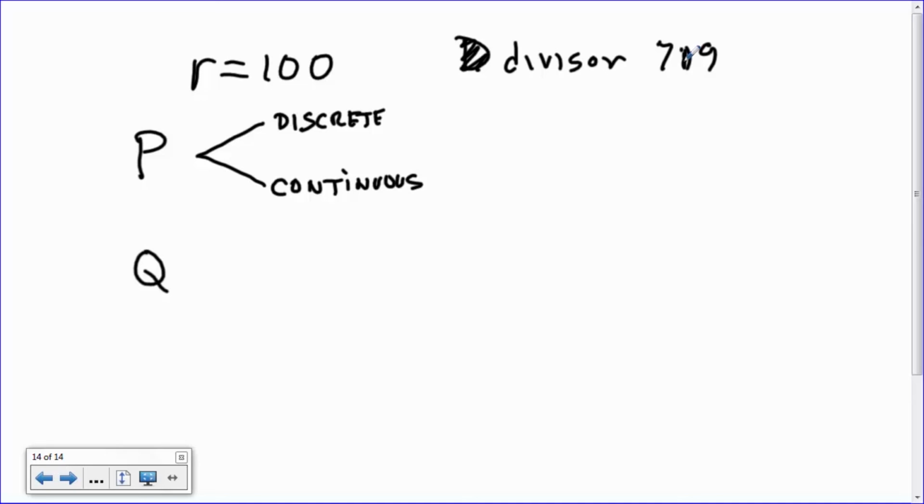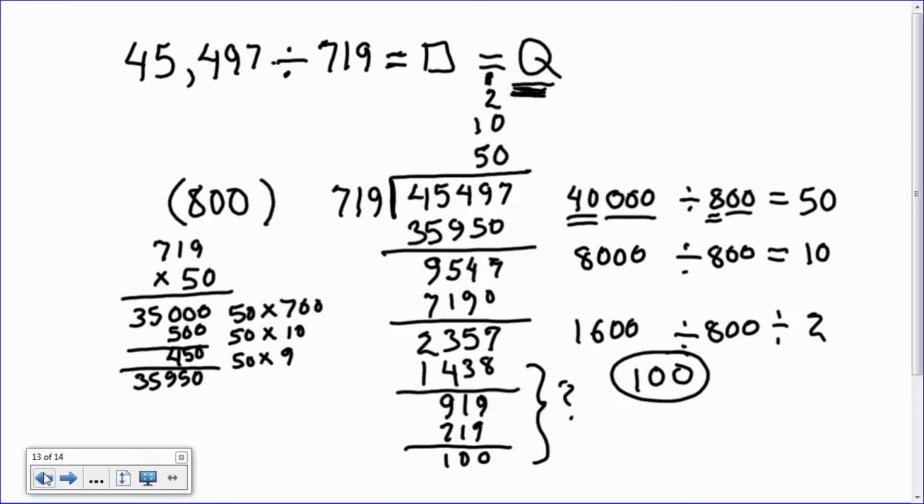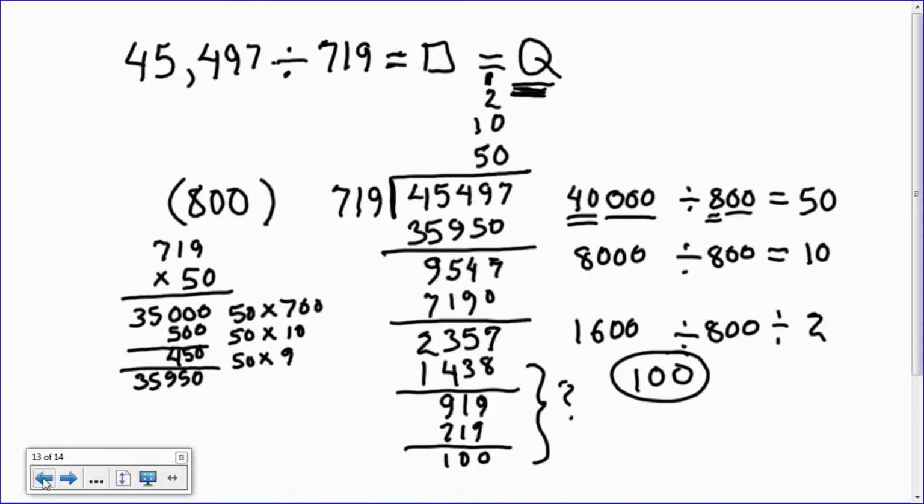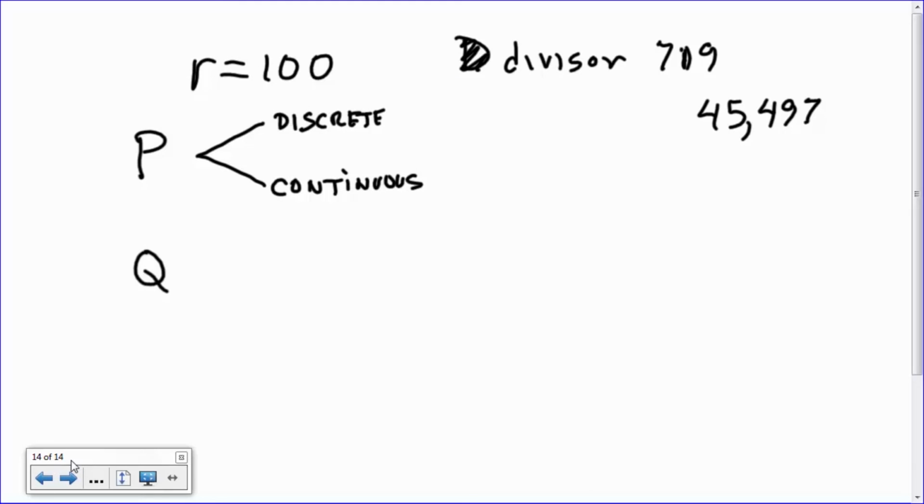So if it's discrete, meaning something like toy cars or teddy bears or ping pong balls or basketballs, if we were taking the dividend, which was, if I go back up, the dividend was 45,497. Did I remember that correctly? Yes, okay. So the divisor was 719, the dividend was 45,497.